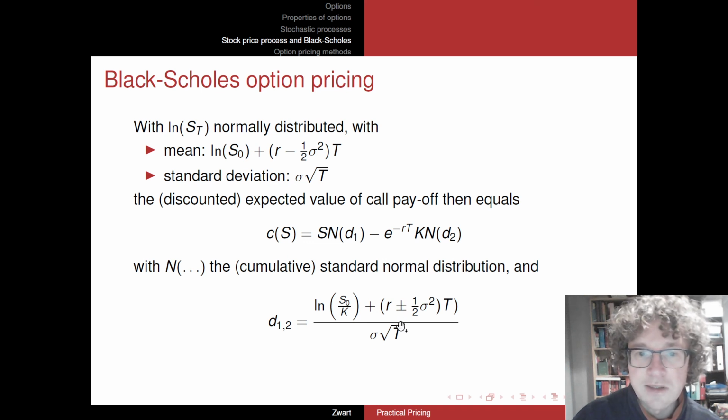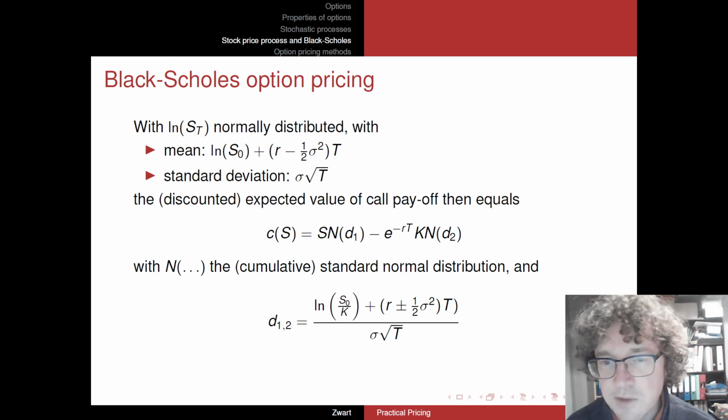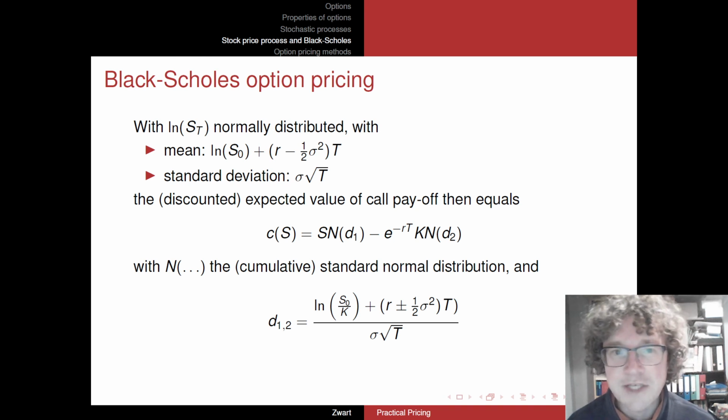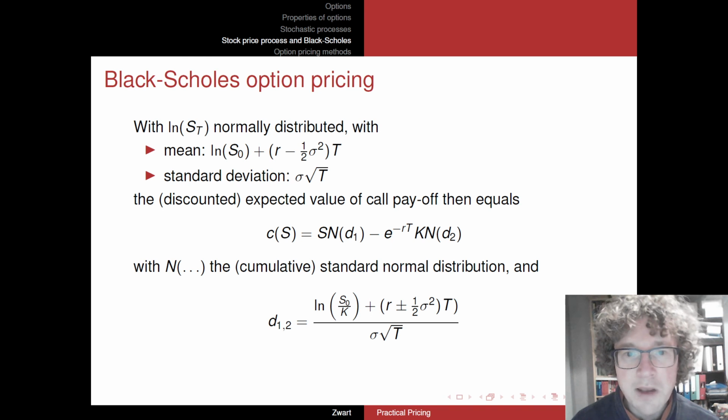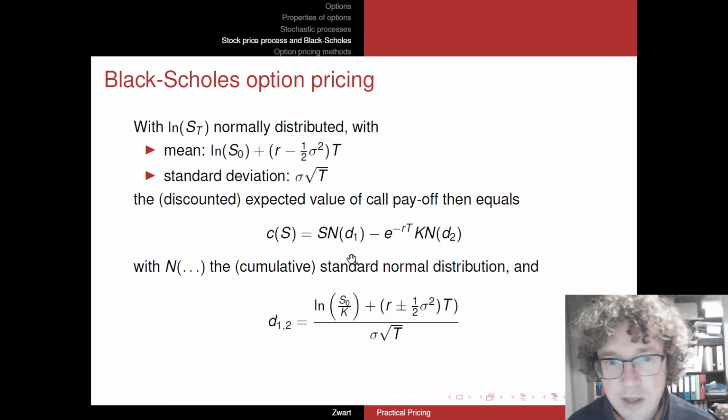And we have to divide this thing by sigma times the square root of T. This is not something that we can go into detail on here, but this is the interpretation of the Black Scholes formula for the price of a call option.